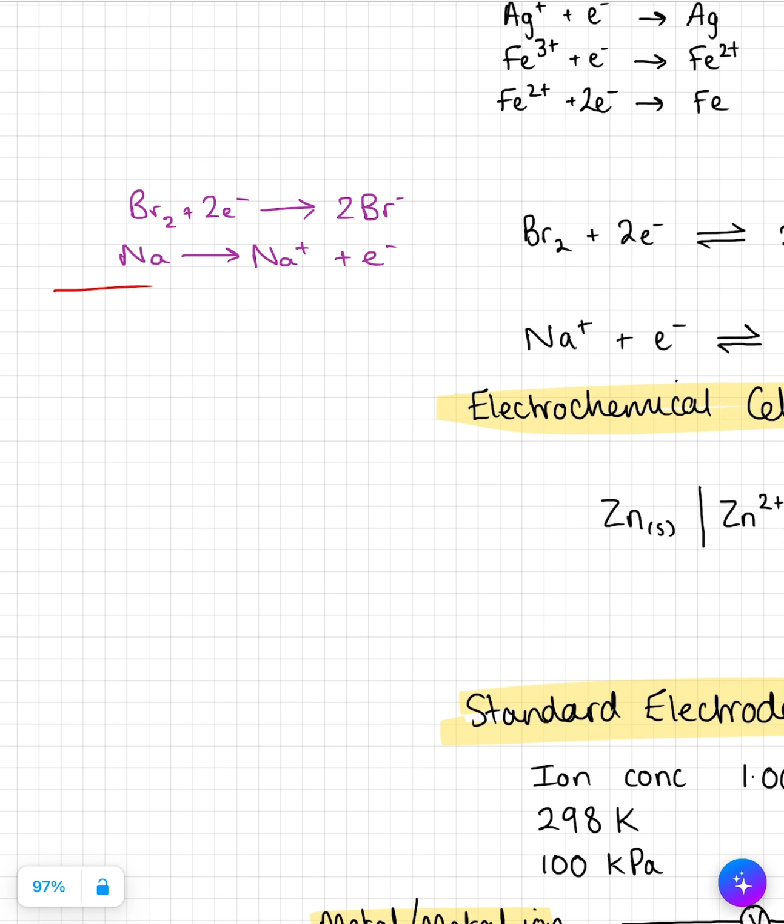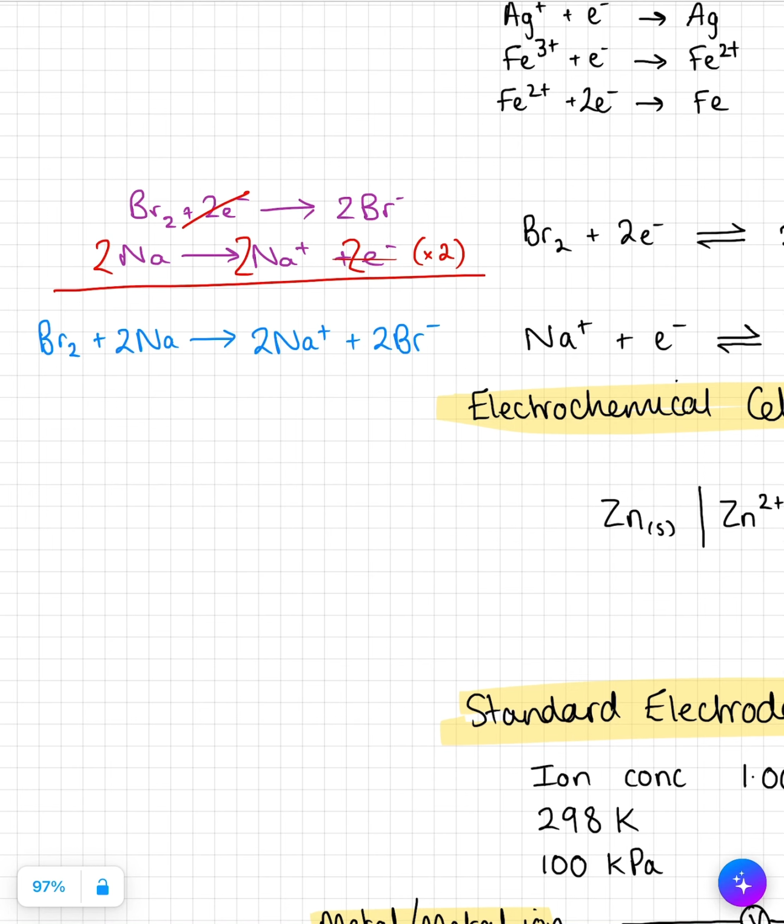To write the overall full equation, we need to balance the number of electrons. So our oxidation reaction we need to multiply by 2, because therefore our number of electrons will balance and therefore cancel out. Combining these equations gives Br2 plus 2Na, and then our arrow, 2Na+ plus 2Br-.